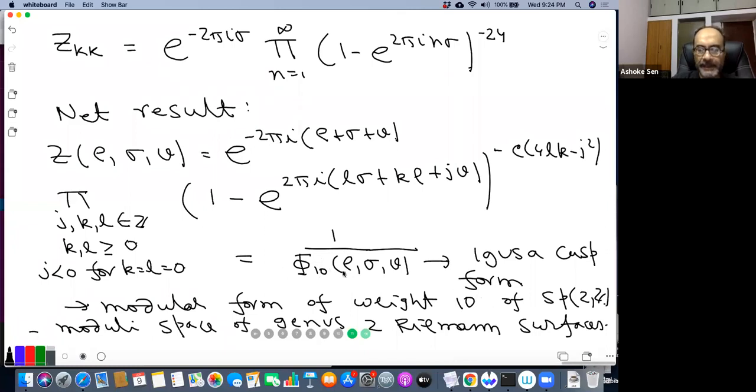And you see that this phi 10 appears only after you have extended the product. Otherwise, it has no modular property at all. So even though we did the counting by thinking of this as 3 independent systems, each system has much less symmetry compared to what you get as a product, which has this full modular group of genus 2 Riemann surface.